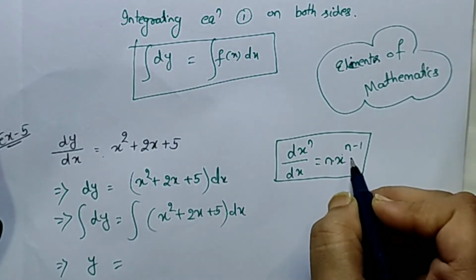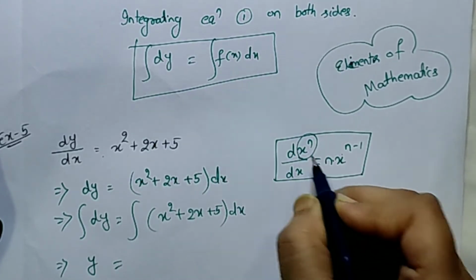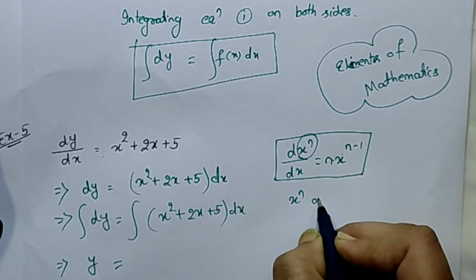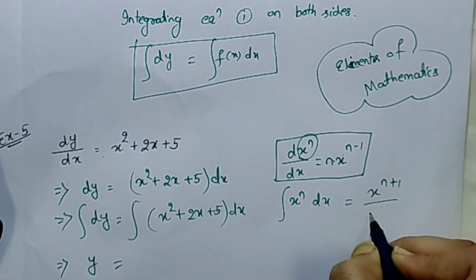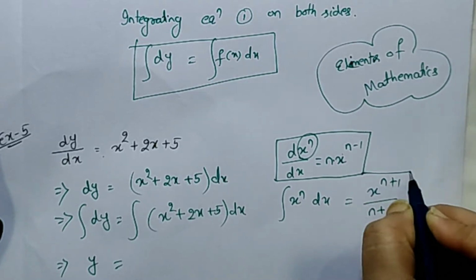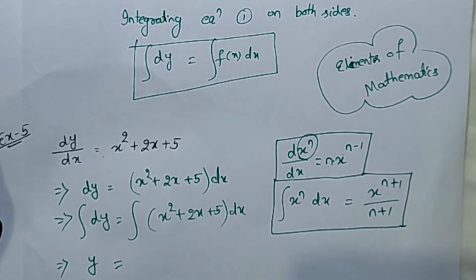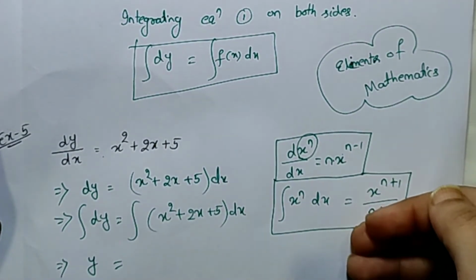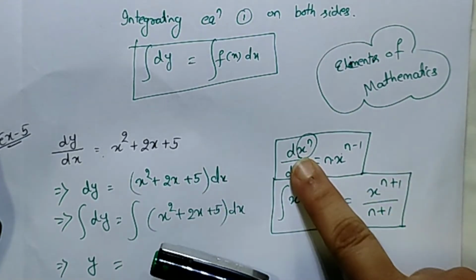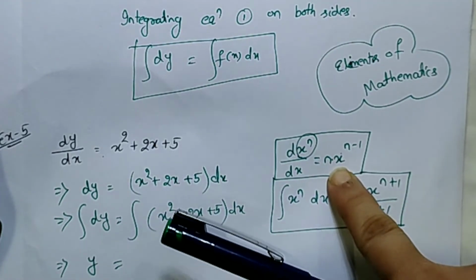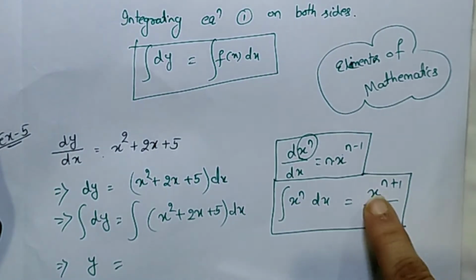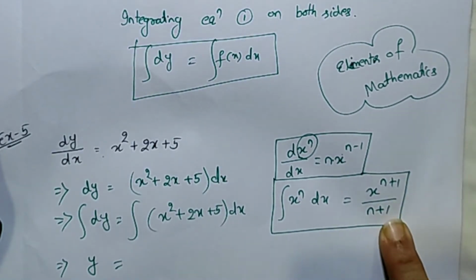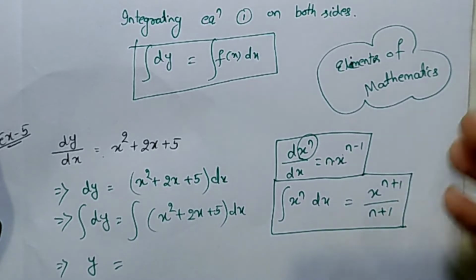This is the differentiation of the function x power n. What is the integration? Integration of x power n into dx will be x power n plus 1 by n plus 1. We have to remember all the formulas. So the x power n derivative is n into x power n minus 1, and the integration of x power n is x power n plus 1 by n plus 1. We already know about this.